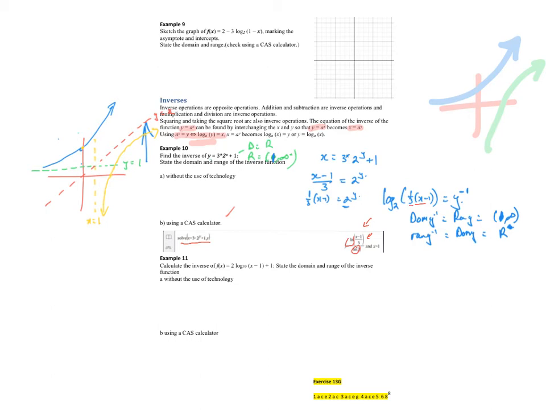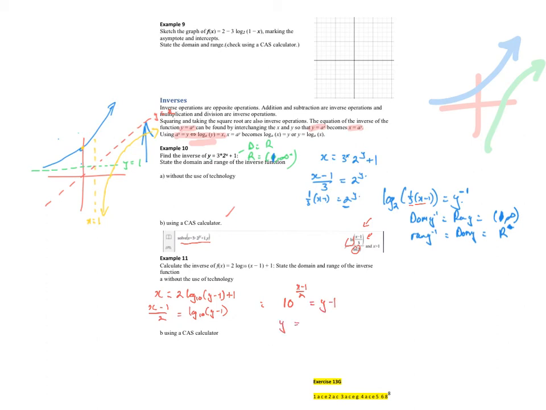So let's just swap it. x equals 2 log base 10 of y minus 1, plus 1. So subtract the 1 across and divide by 2: x minus 1 on 2 equals log base 10 of y minus 1. That implies that 10 to the x minus 1 on 2 is equal to y minus 1.